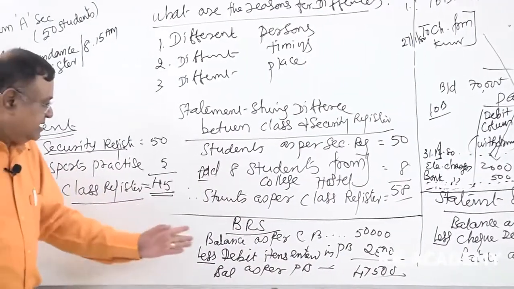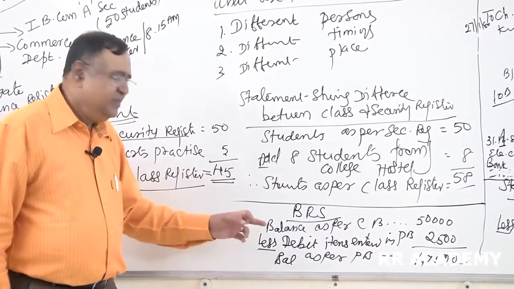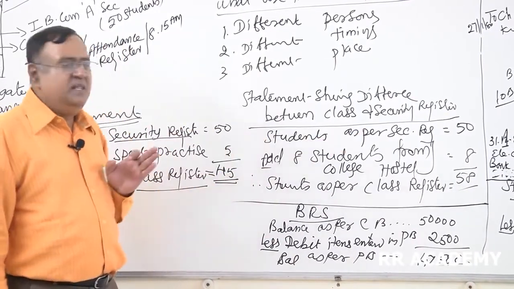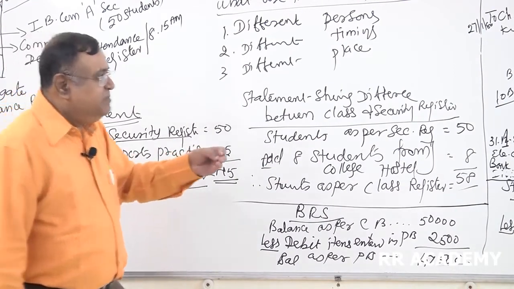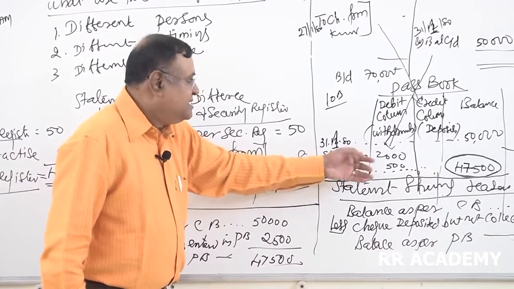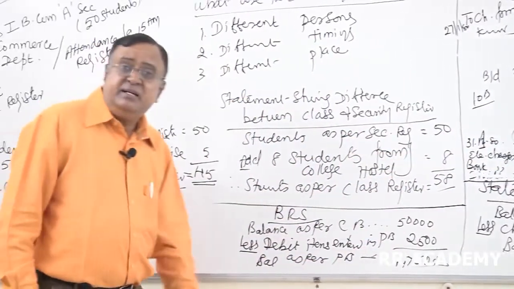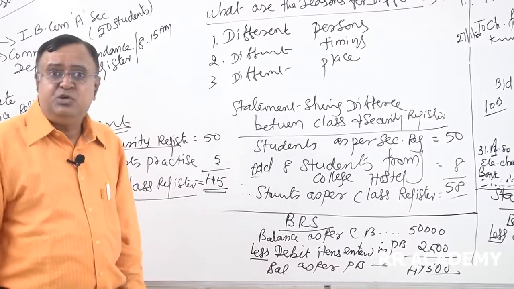The manager is asking, sir, balance as per cash book 50,000, sir. Less: debit items entered in the passbook. Debit items are withdrawals. Debit means withdrawal. Sir, withdrawn from the bank, so 47,500. The manager is asking, for how much amount should I issue a check?